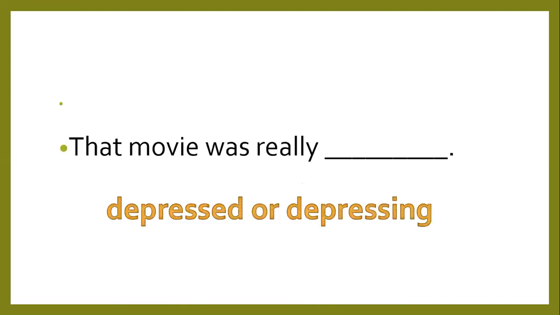The next one. That movie was really depressed or depressing, with ed or ing? What do you think? Exactly, with ing. Why? Because we are talking about the characteristic of a movie. How was the movie? That movie was really depressing. That's why we are going to use the adjective with ing.